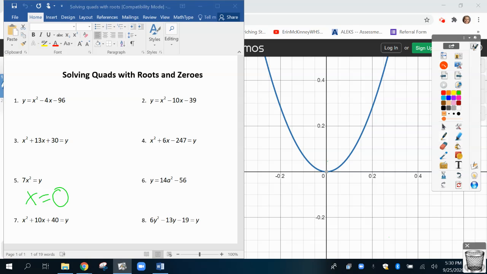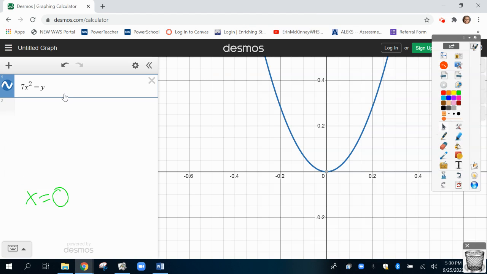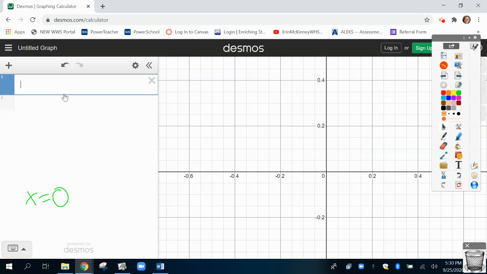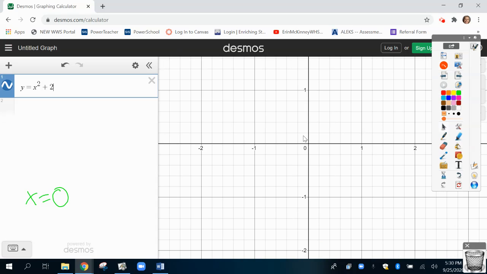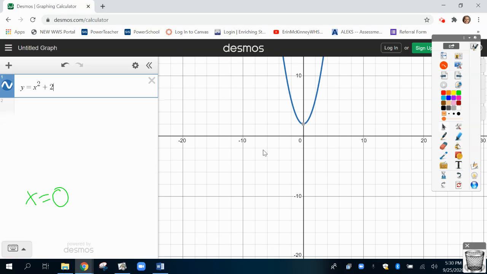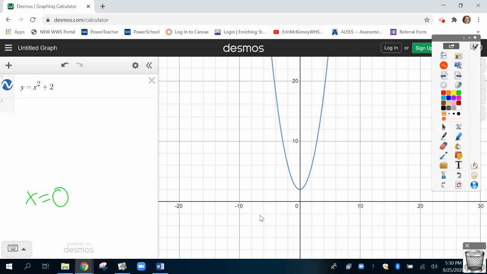There's one other situation that sometimes happens that we need to be aware of. Let's say we go to graph y equals x squared plus 2. I don't see it here because I zoomed in, so I'm going to change my zoom until I see it. Remember, my x-axis is my horizontal axis.